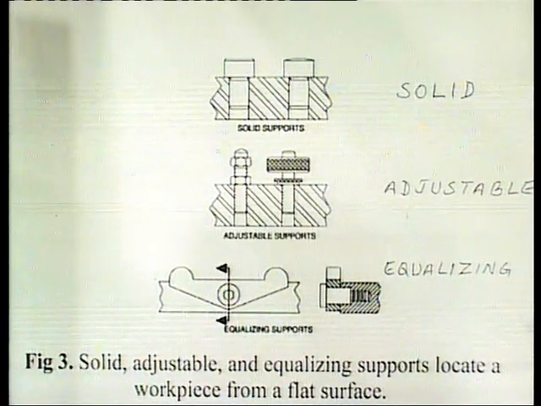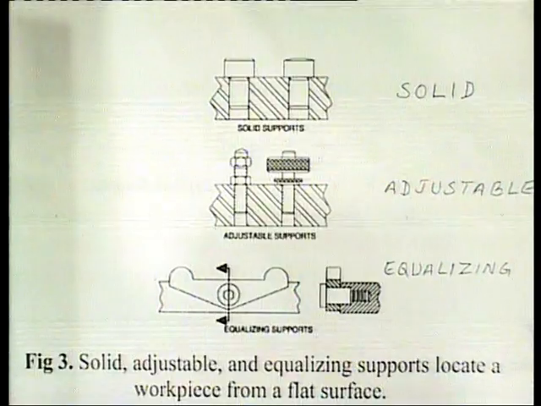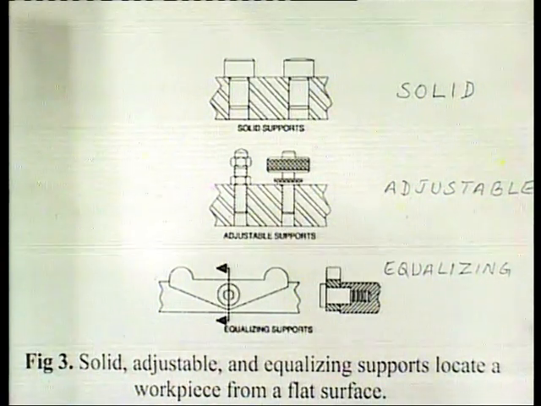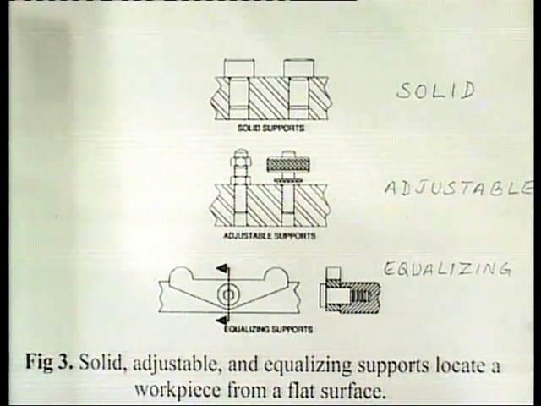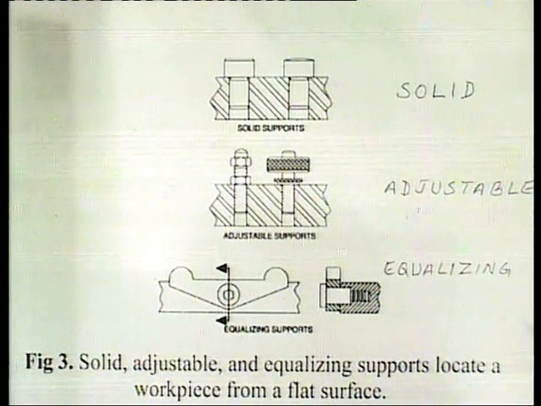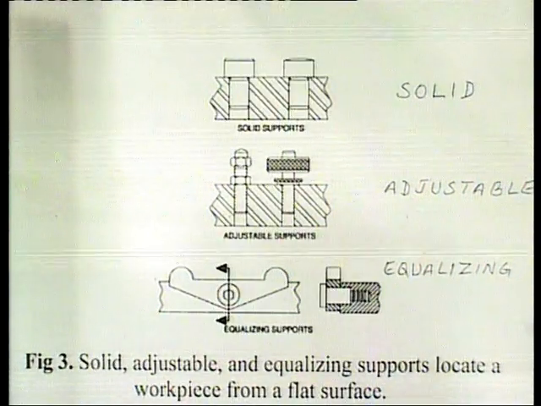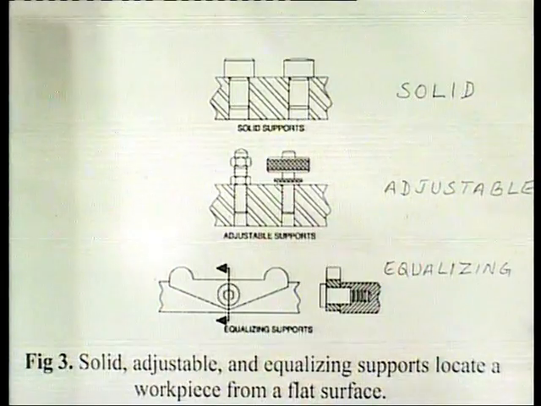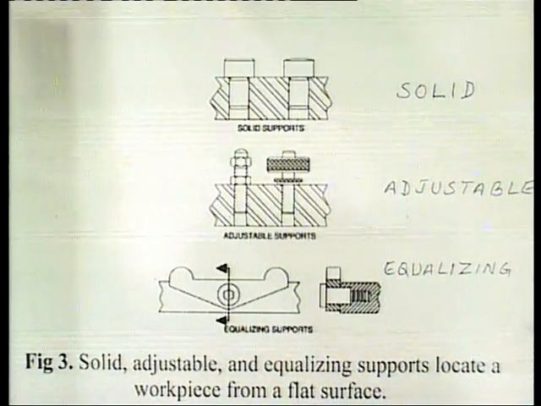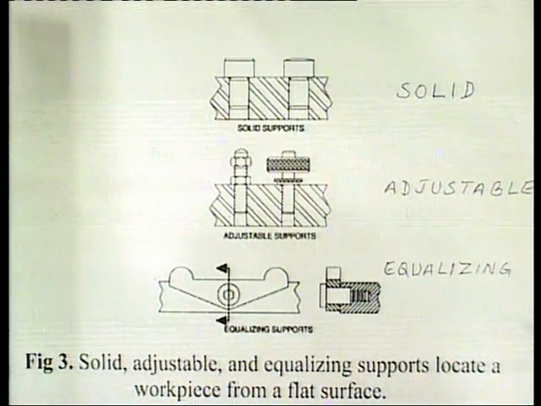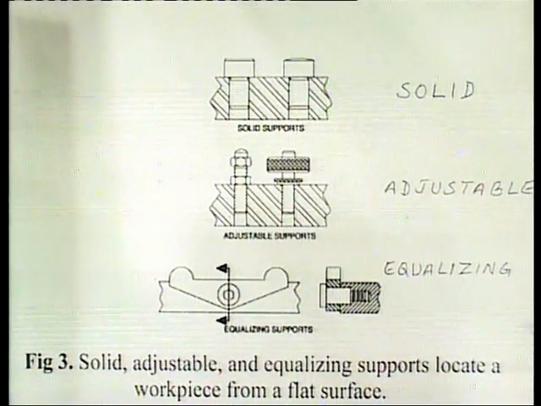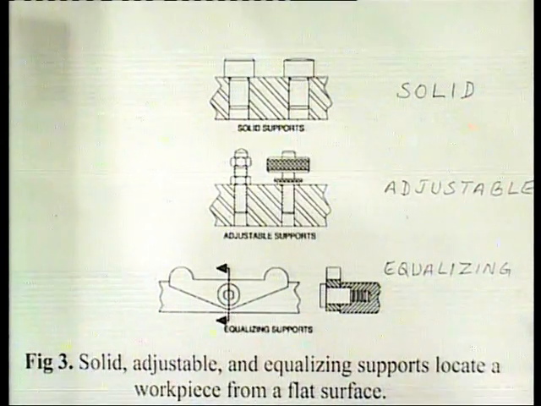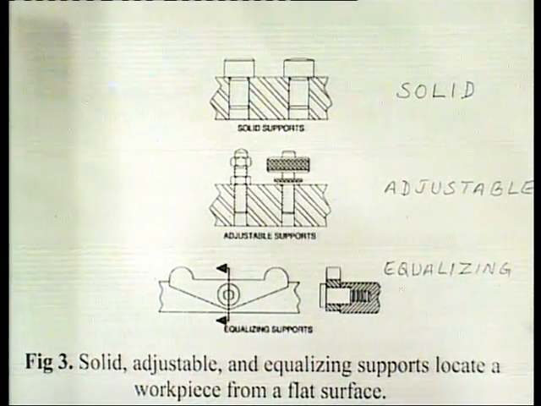As one side of the equalizing support is depressed, the other side rises the same amount to maintain part contact. In most cases, adjustable and equalizing supports are used along with solid supports. So, this is the arrangement of solid, adjustable and equalizing supports to locate a workpiece from a flat surface.